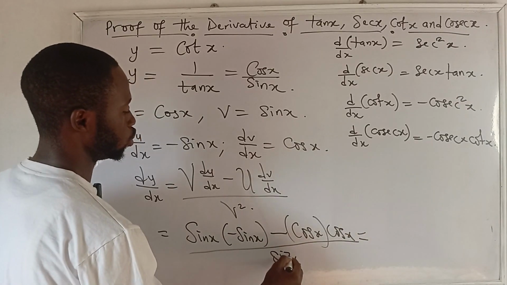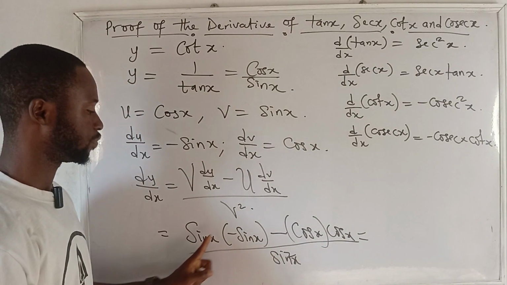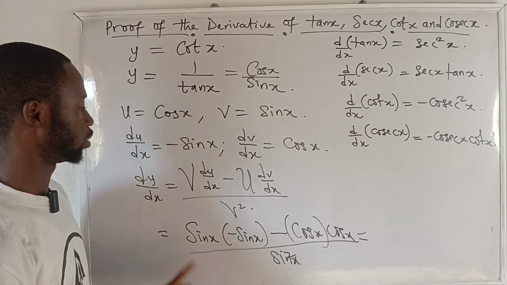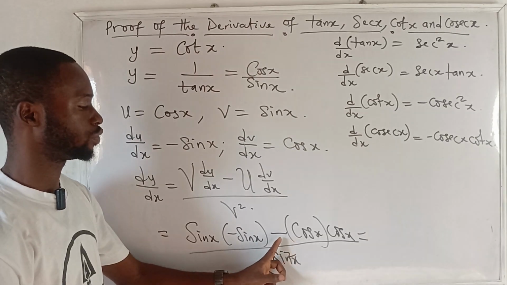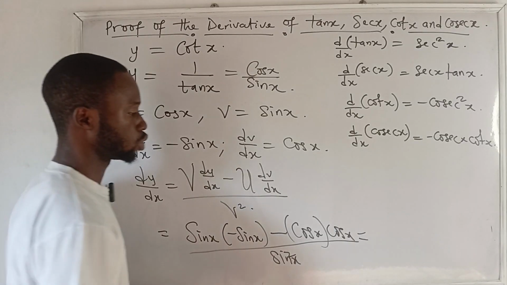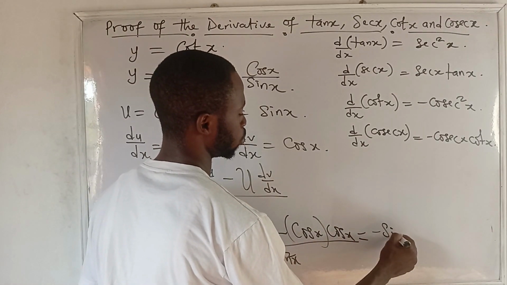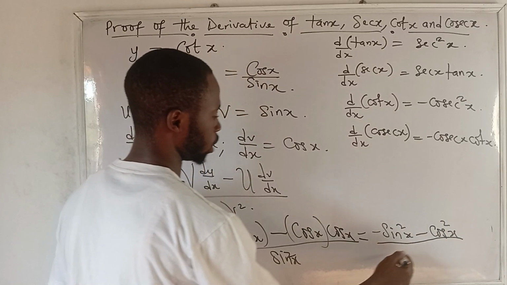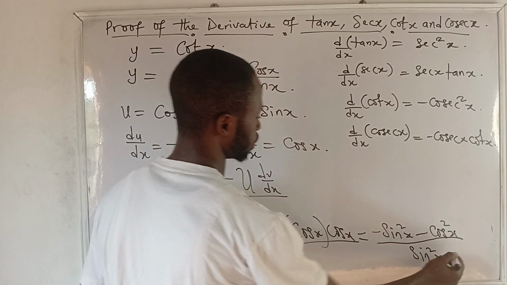So merely looking at this, we are going to have minus this multiplied by this. That's minus sine square x, and we are going to have minus cos square x. So we would have minus sine square x minus cos square x all over sine square x.